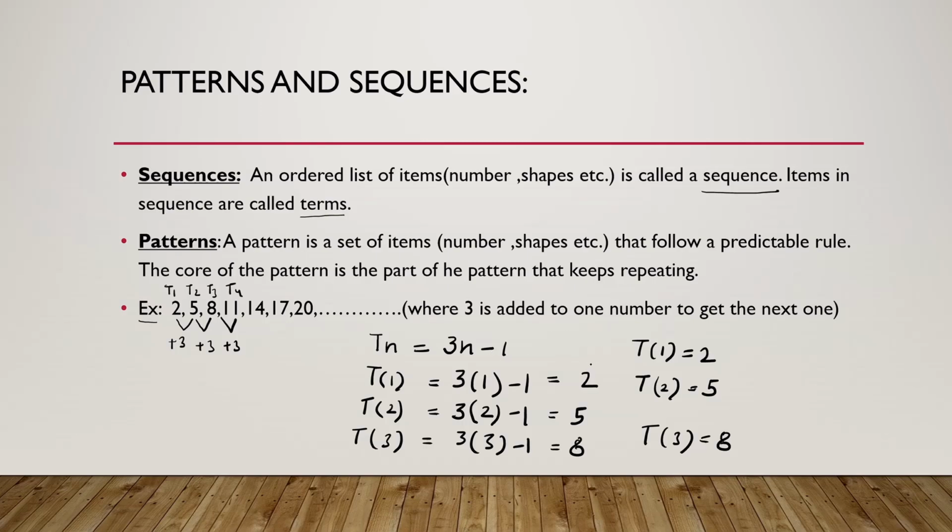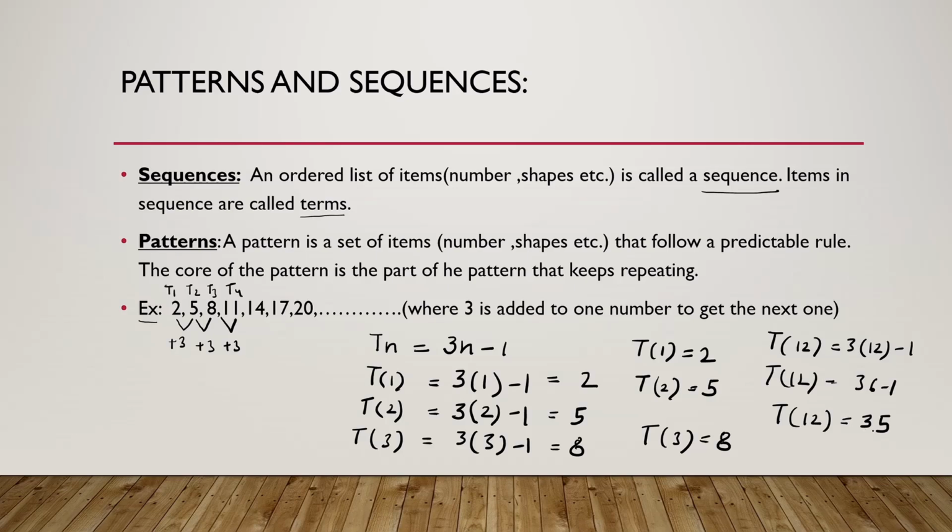Likewise, you can calculate any term without calculating all the terms. Suppose you want to calculate the 12th term. So T12 equals 3 into 12 minus 1. So what will it be? 12 into 3 is 36, minus 1. So the 12th term will be 35.